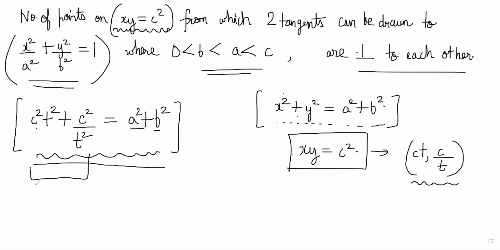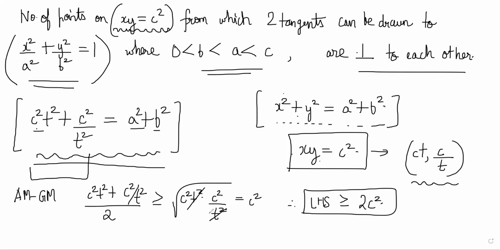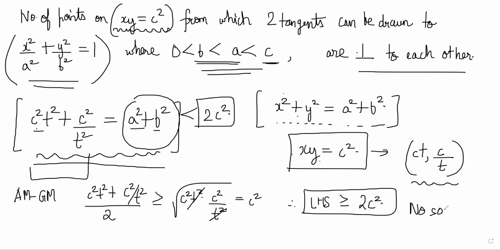What you can say is the left hand side is the sum of two positive things. If you apply AM-GM, (c²t² + c²/t²)/2 should be greater than or equal to the square root of the product, where t² gets cancelled, which is c². Therefore the left hand side is greater than or equal to 2c². And the right hand side is a² + b², and a is less than c, b is less than c, so this is always less than 2c². Therefore no solution exists.